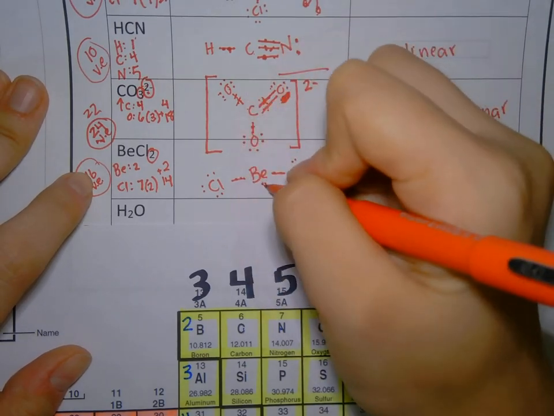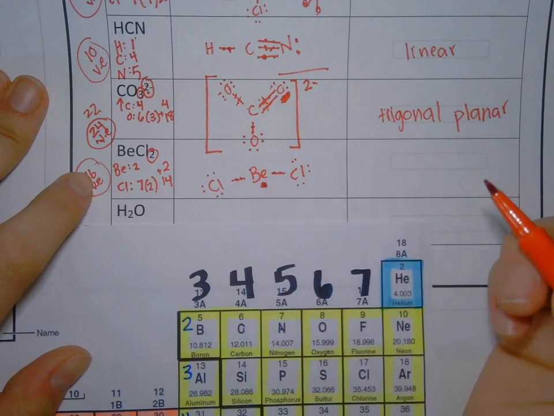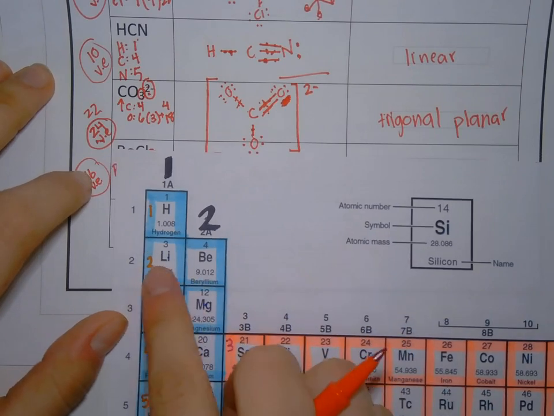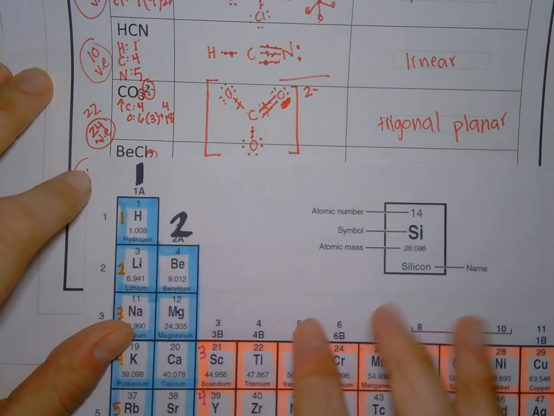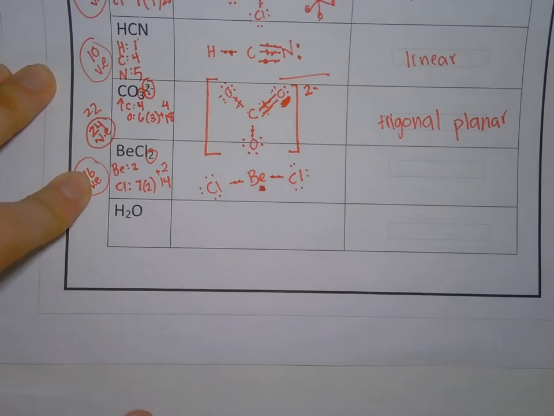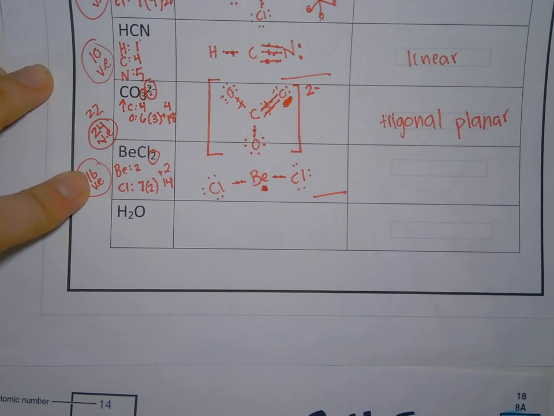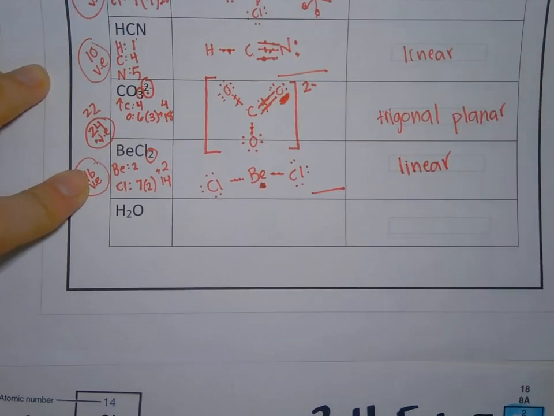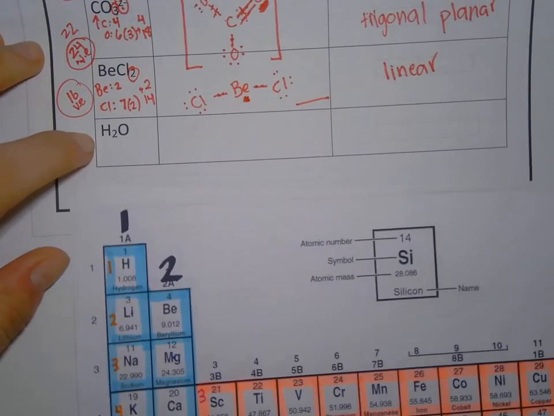Beryllium does not need anything other than 4 valence electrons. It is an exception because it only has 2 energy levels, so it doesn't need the full octet. Okay, so this shape is also a very straight line. It is called linear.